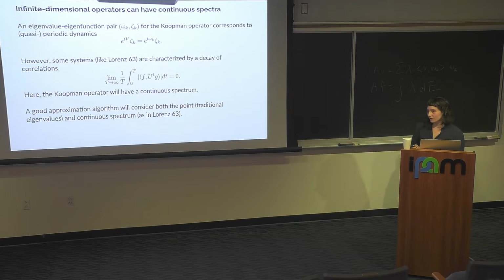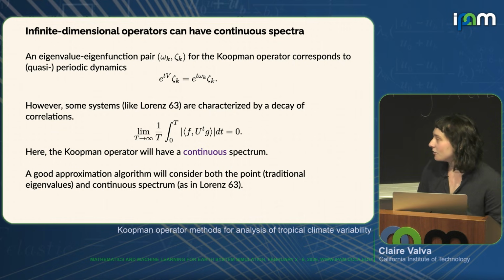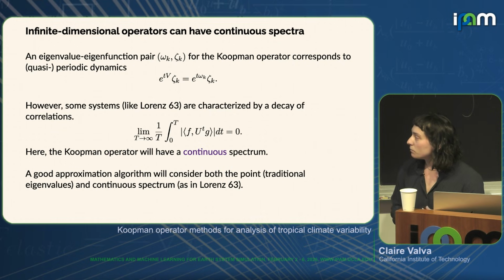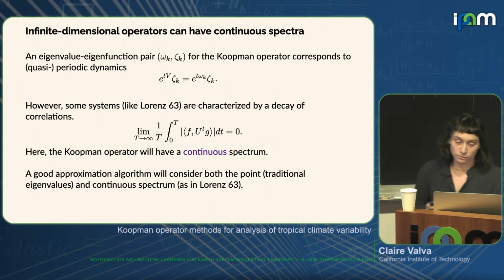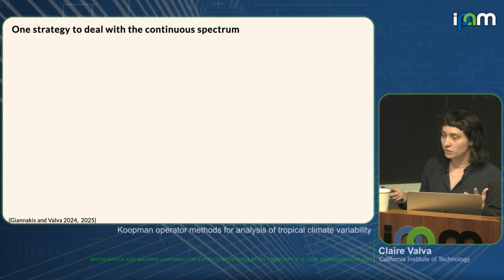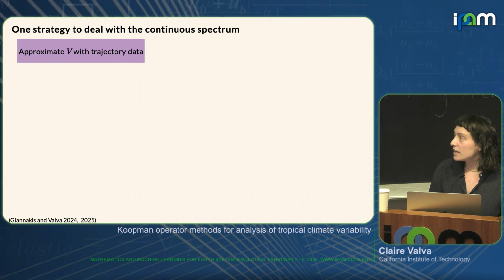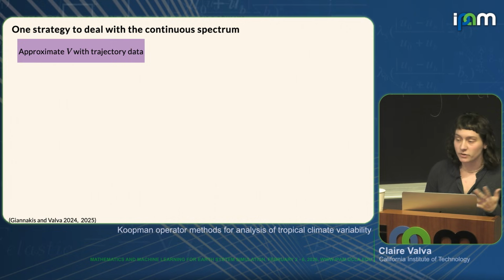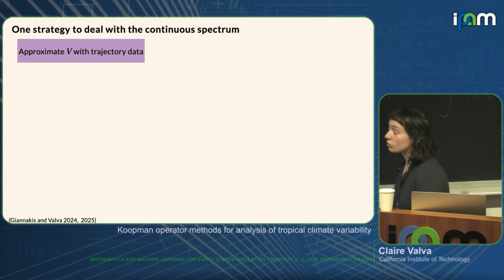So a good approximation algorithm should at least nominally try to take in both that we have point eigenvalues and continuous eigenvalues. And so I'm going to sketch out a strategy to deal with this. First, you'll approximate V, our generator, with some trajectory data. We'll often do this on a kernel basis.